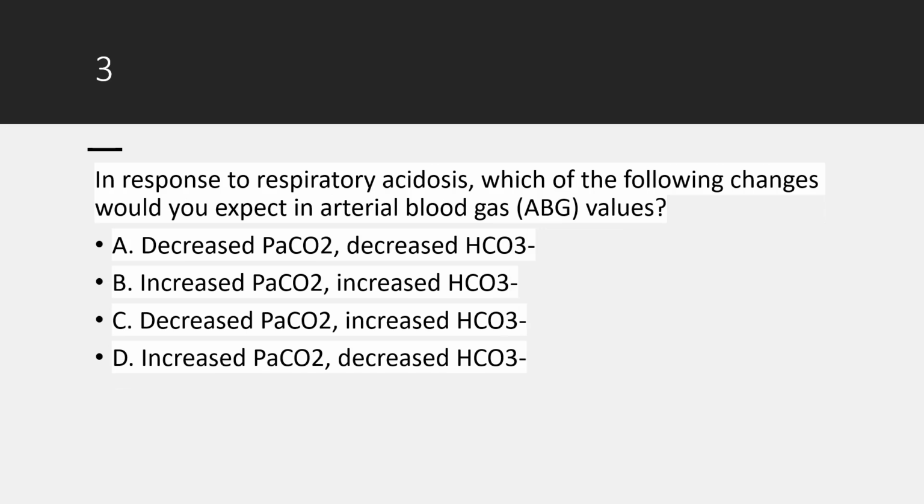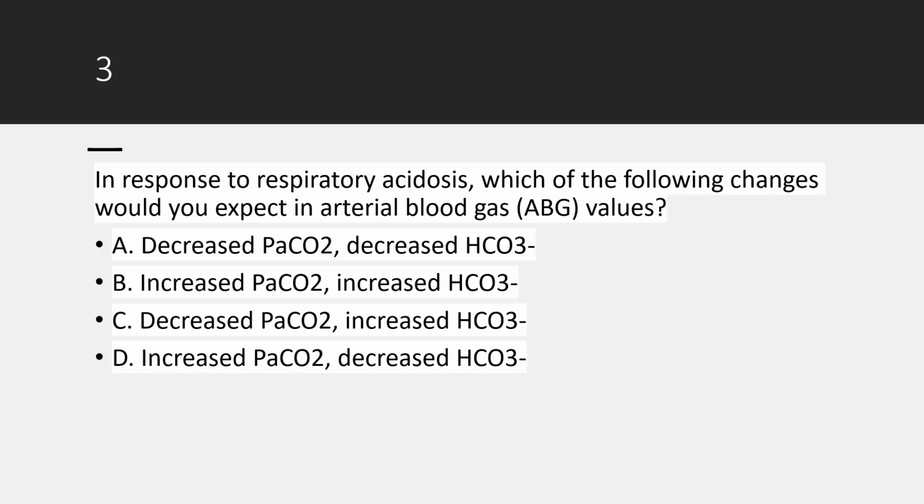Third question. In response to respiratory acidosis, which of the following changes would you expect in arterial blood gas values? So arterial blood gas is usually an investigation that is conducted for people who have acid-base disorders, and usually we have the value of the partial pressure of carbon dioxide and bicarbonate. So in a patient who has respiratory acidosis, what do you expect the arterial blood gas values to be like?